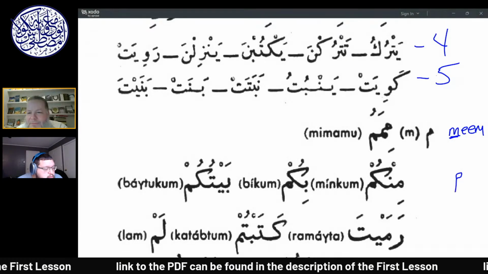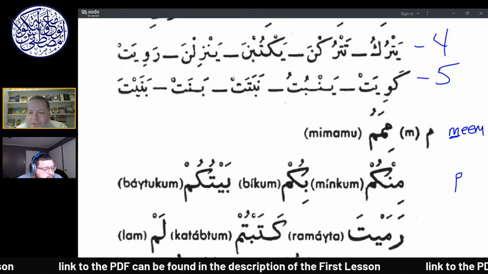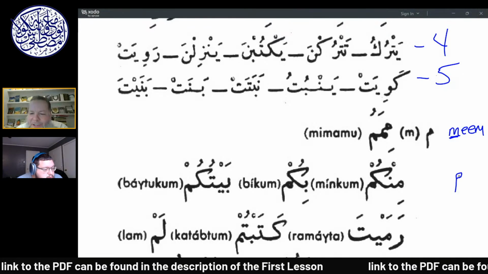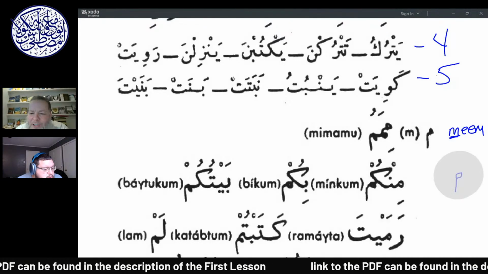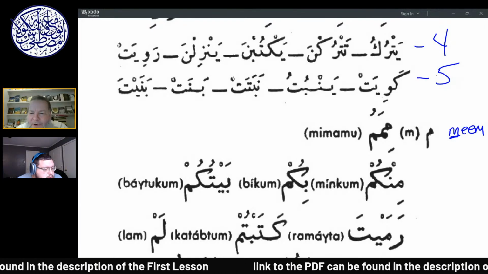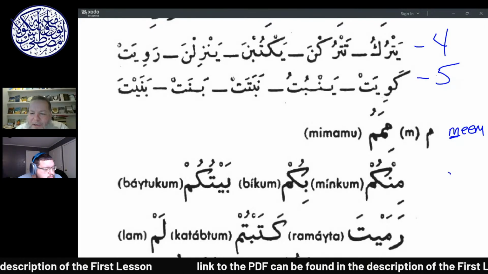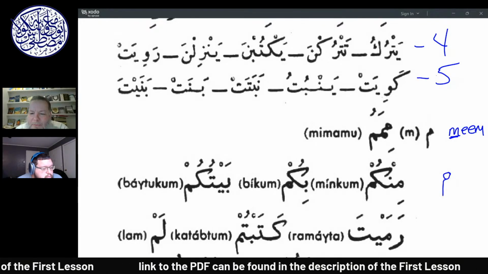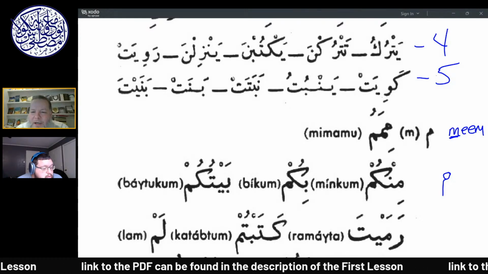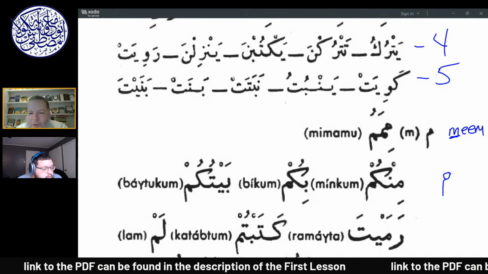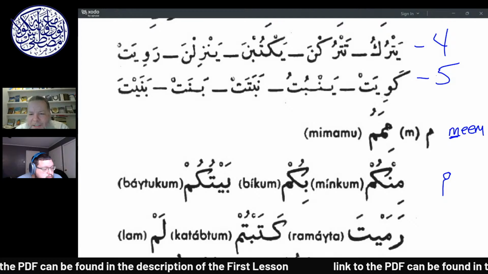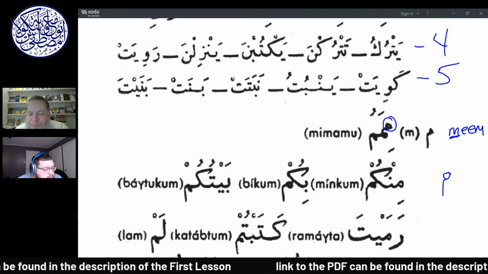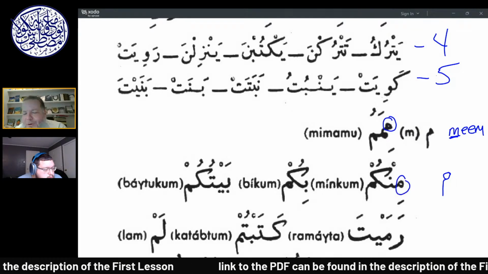Here, because of the pen that they use, it's a thicker pen, so it looks filled in. But that's basically a circle with a tail. And then here, they wrote it a little bit cursive there. See this one right here is the same as this one.